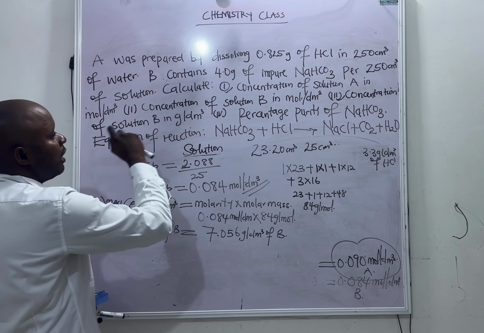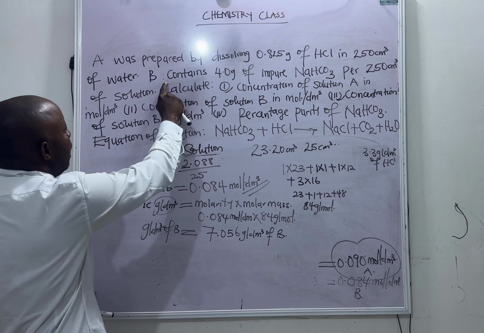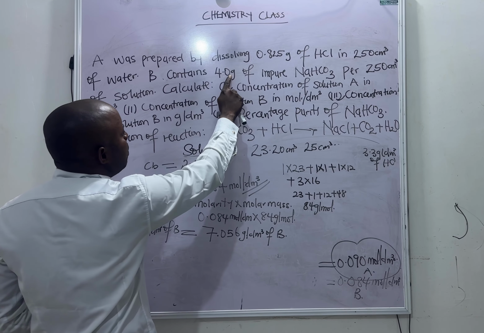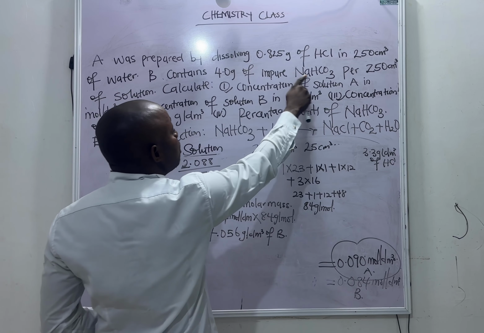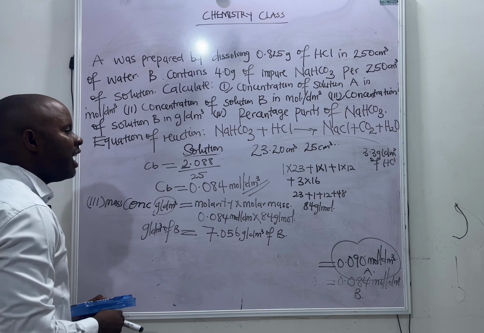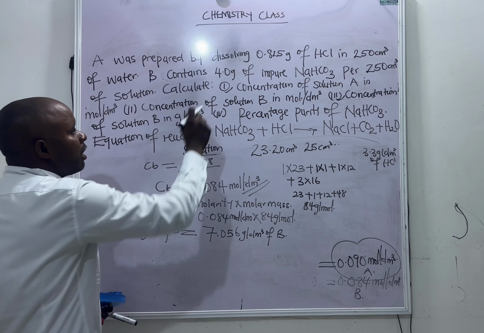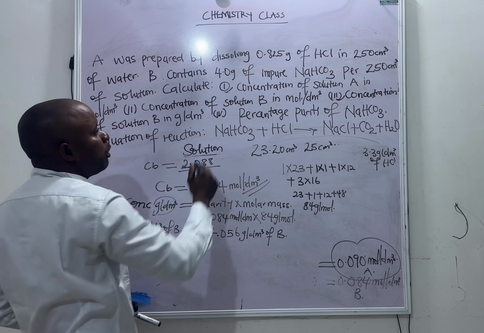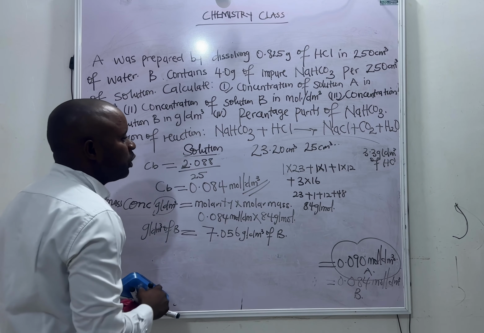Look at this now. We said B contains 4.0 gram of impure sodium hydrogen trioxocarbonate(IV) per 250 cm cube. Okay, let's look for the mass of impure sodium hydrogen trioxocarbonate(IV) in 1 dm cube. Let's make the relationship as well.